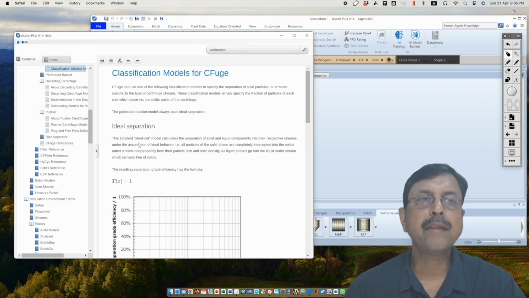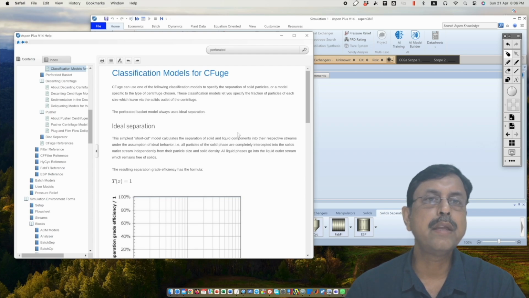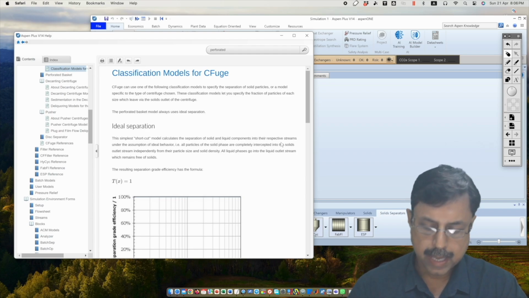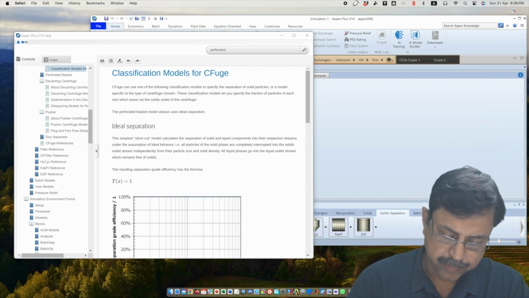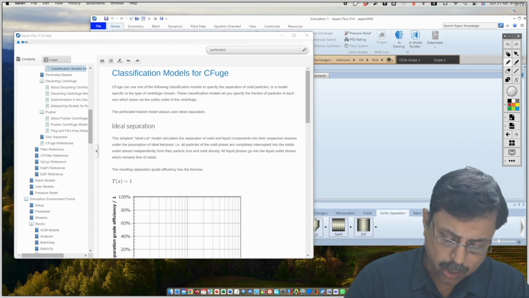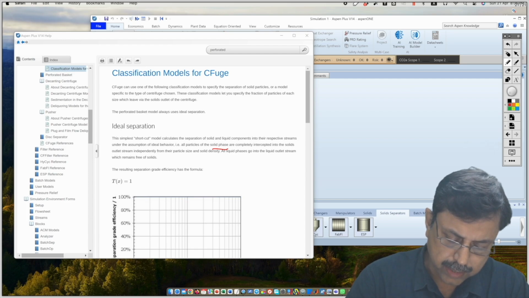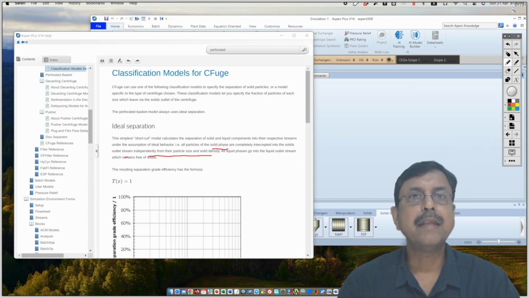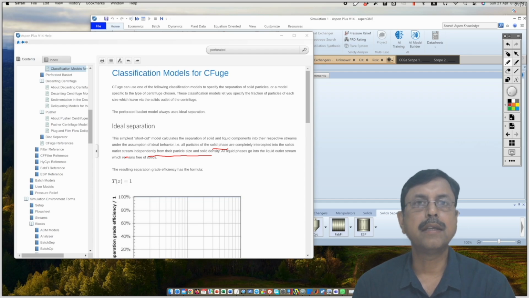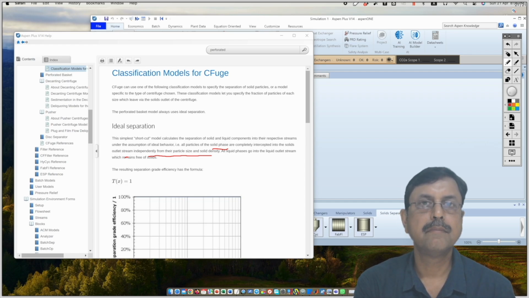It is the simplest shortcut model that calculates the separation of solid and liquid components into their respective streams under the assumption of ideal behavior. That means all the particles of the solid phase are completely intercepted into the solid stream, independent of their particle size or the solid density. That means all the solid particles will go to the solid stream.